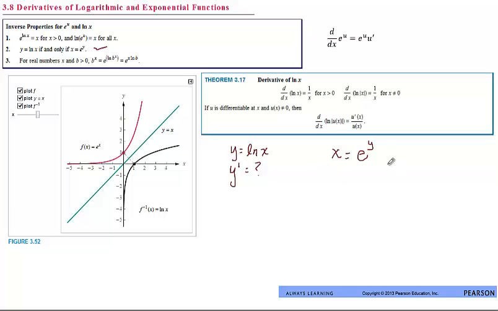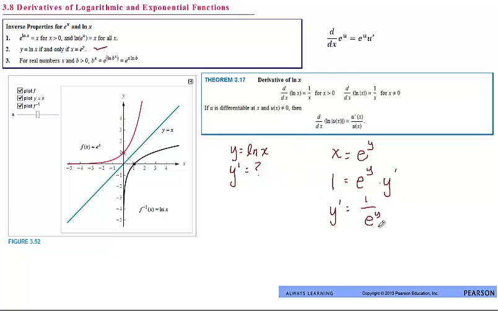We learned implicit differentiation, I believe, in the previous section. So I'm going to take the derivative of both sides. Taking the derivative of x, that would be a 1, equals the derivative of e to some function of x is e to the y times y prime. This yields y prime equals 1 over e to the y.